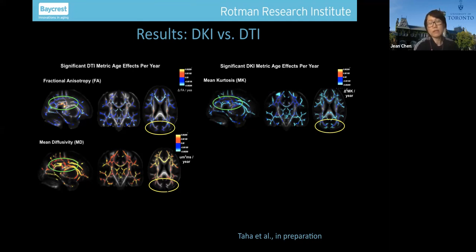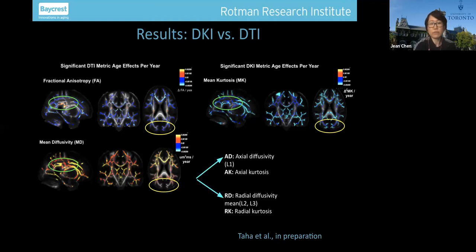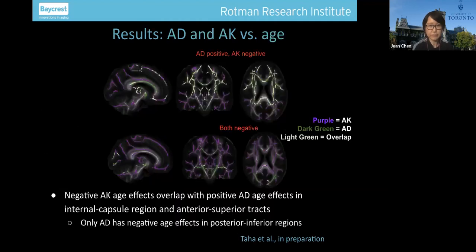To further investigate this, we break everything into their axial and radial constituents. So both diffusivity and kurtosis can be broken down in this way, and we compare them individually. So the first would be axial diffusivity versus axial kurtosis. And this is sort of a penetration map where purple indicates where we see AK effects, dark green indicates we see AD effects only, and light green, more like yellow, is where they overlap.